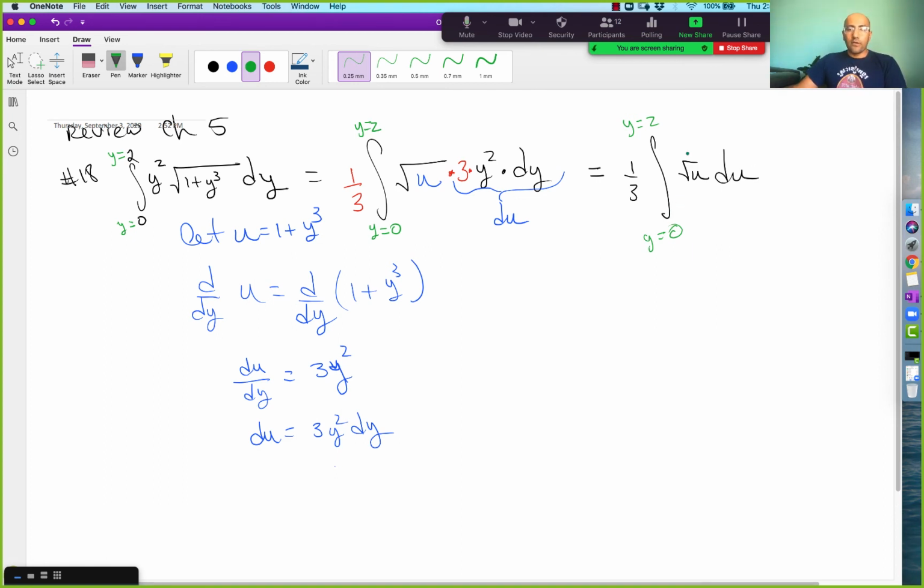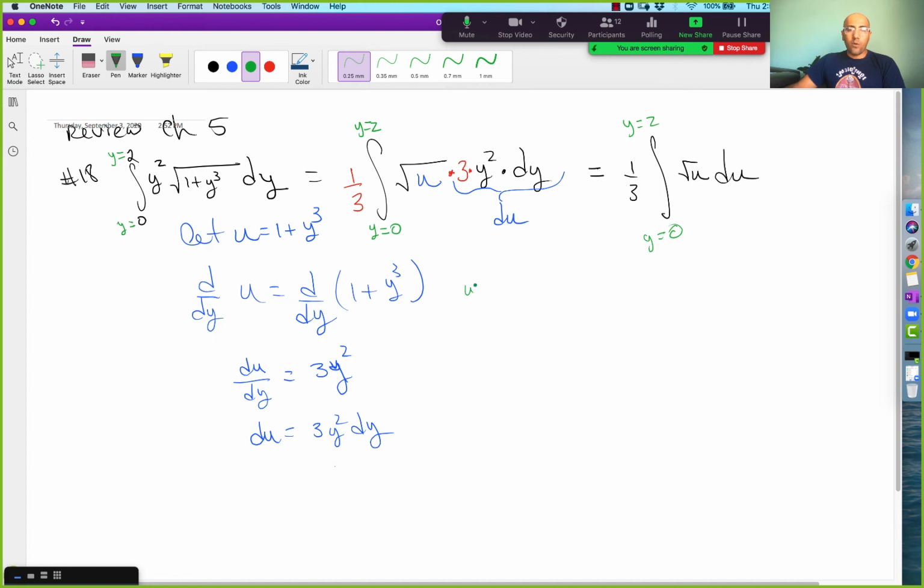Good? So we've got a couple of choices. We could continue to work with this, find its antiderivative, and then resubstitute the values back using this little statement, so we come back to y's and then apply the limits. We could do it that way. Or the other option is to use this definition to find the new values of the new limits of our integration. Good. So let's do it that way.